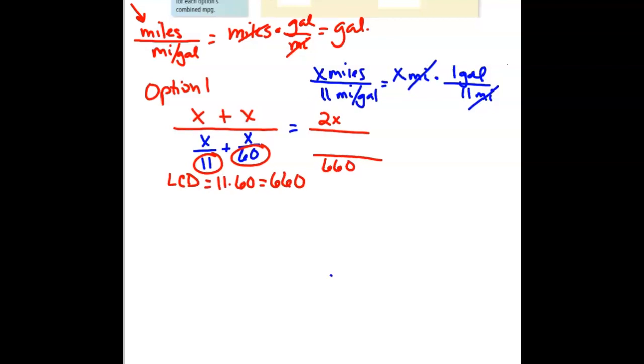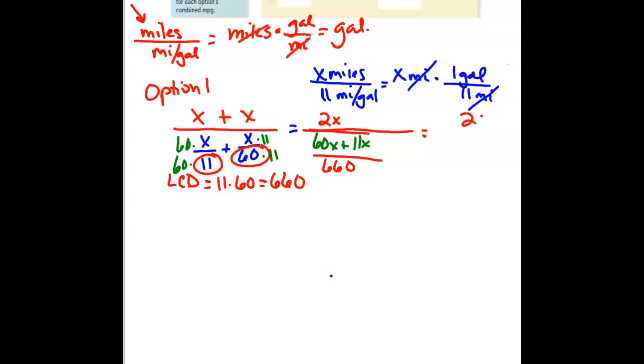The first fraction has the 11, it's missing the 60, so we're going to multiply by 60. The second fraction has the 60, it's missing the 11. So we end up with 60x plus 11x all over 660.